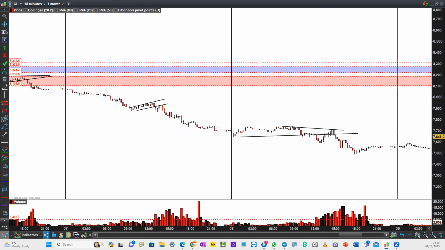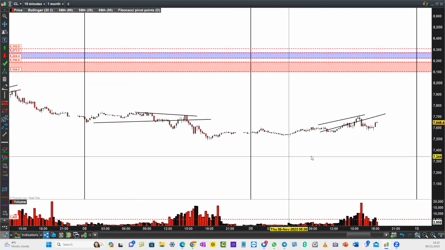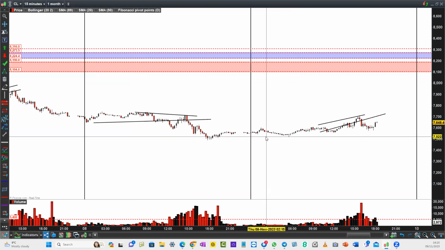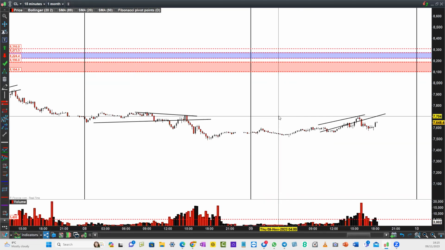Okay, well, let's go back and have a look at what oil's doing right now. The overnight low was 75.20, and today's high was 77.